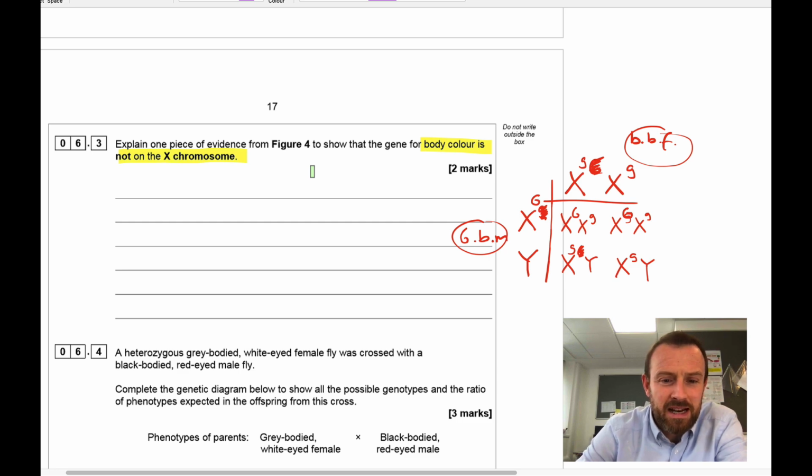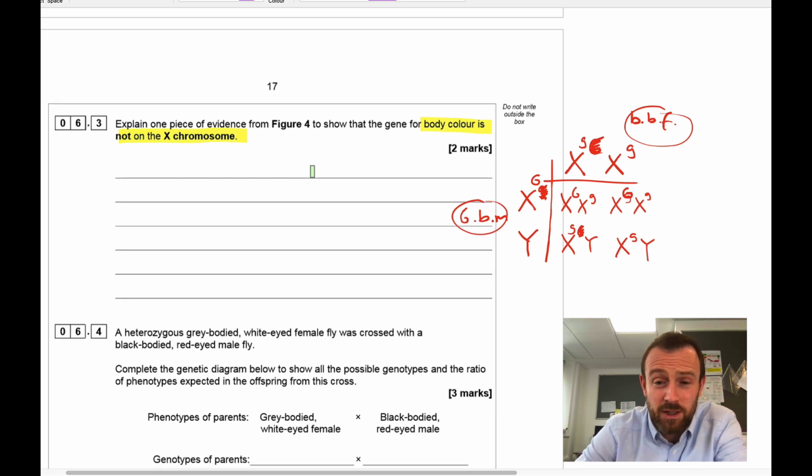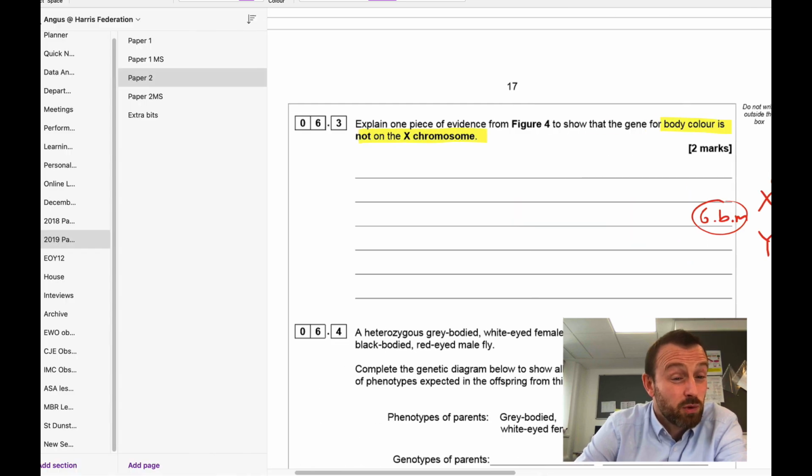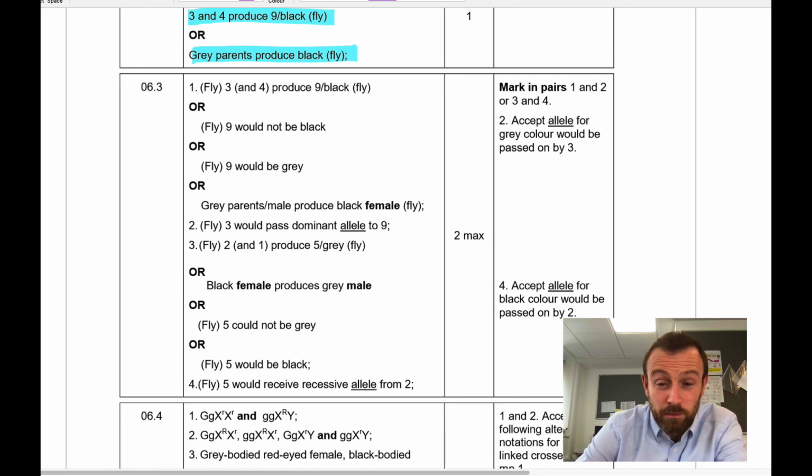So, explain the evidence that it's not on the X chromosome. Strategy: think of what it would be like if it was on the X chromosome. What would be the musts, what would be the rules, and then try and find an exception to that rule. There's probably a few.